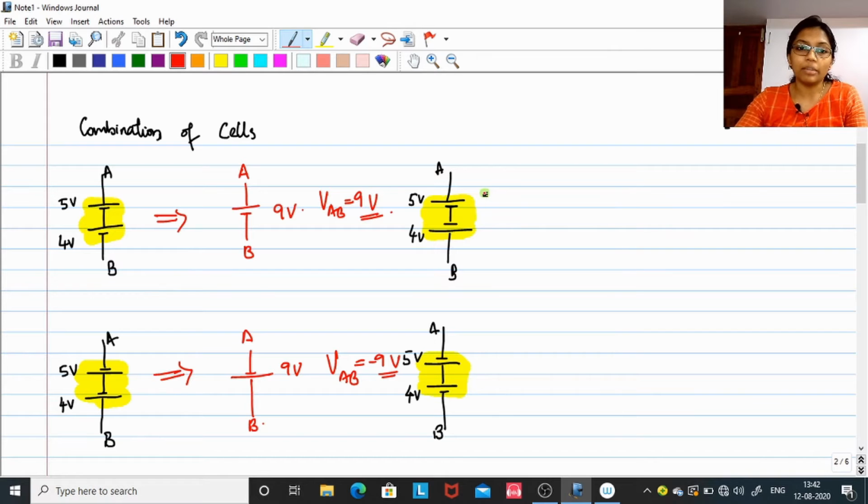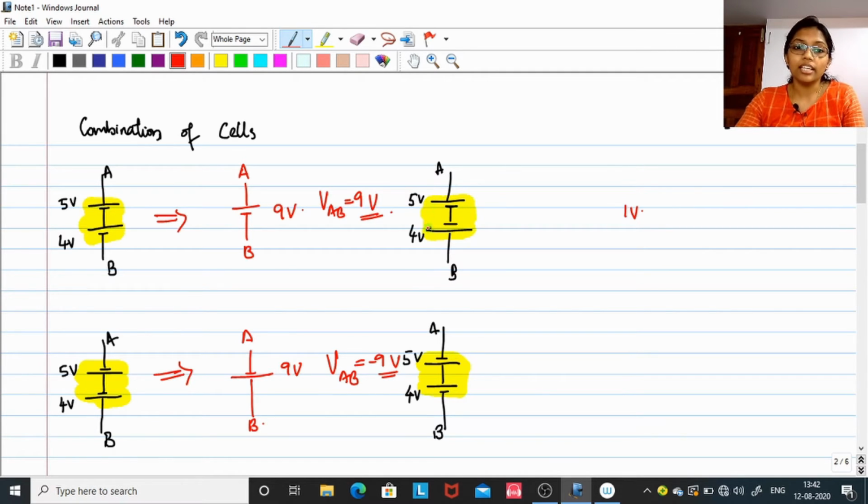And in the third combination, in the junction you are having same polarities. In such case, you have to take the difference of these two, 5 and 4. Difference will be 1 volt, and you have to choose the higher voltage source. That means 5 volt battery, you have to choose the higher voltage source among these and should follow its polarity.